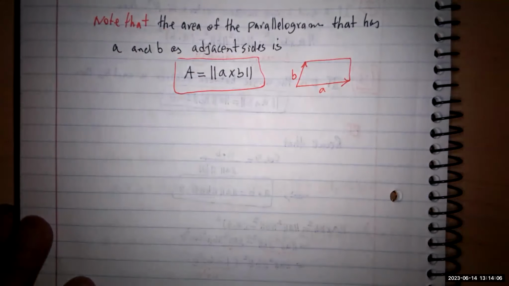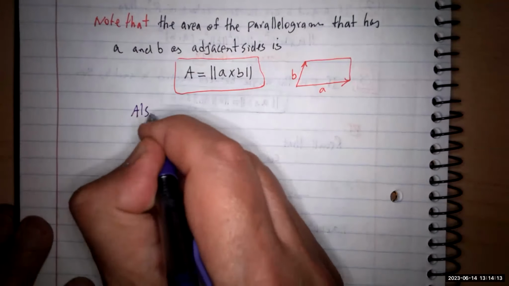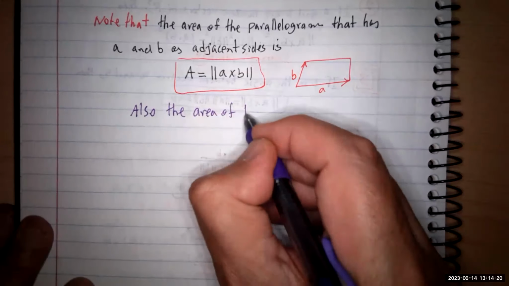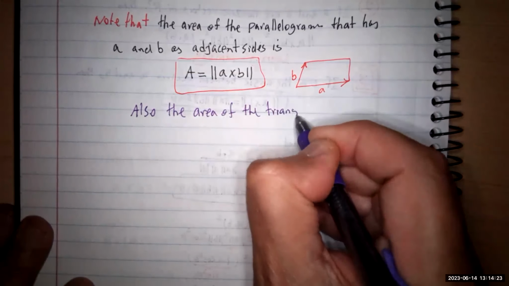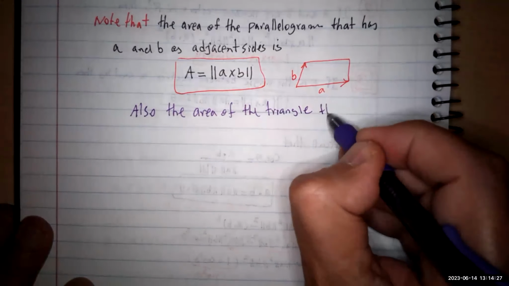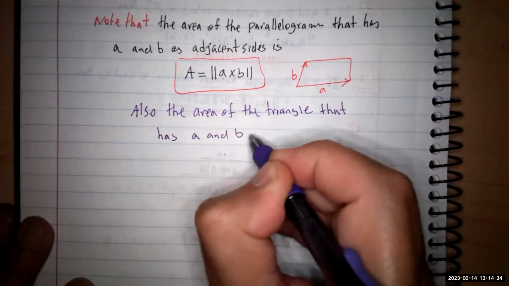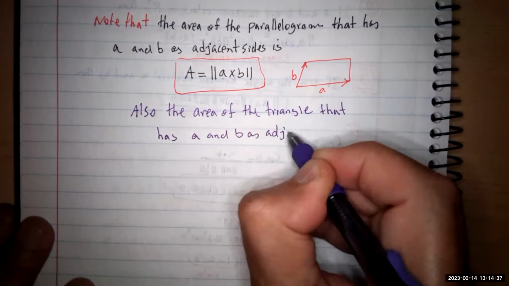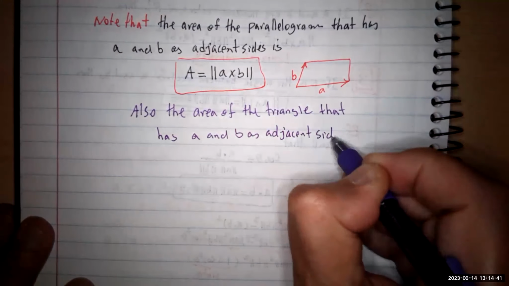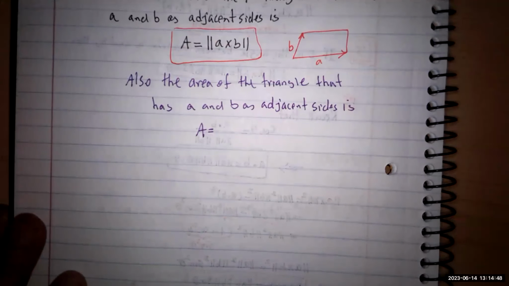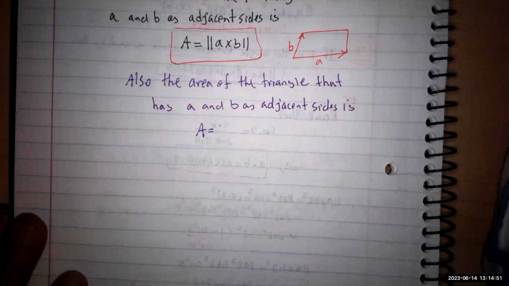How about a triangle? Also, the area of the triangle that has A and B as adjacent sides is, any suggestion? For this one? Yes, Danny, you're right.